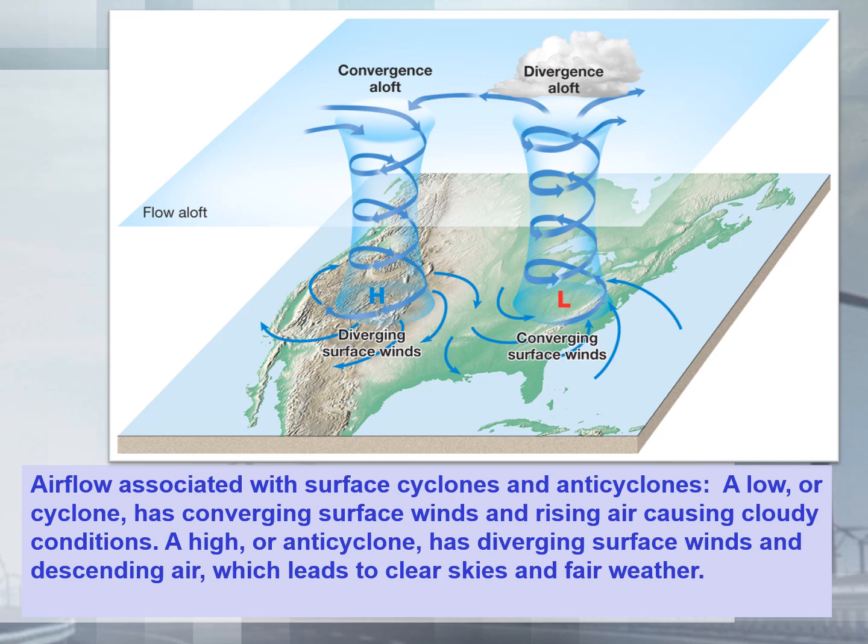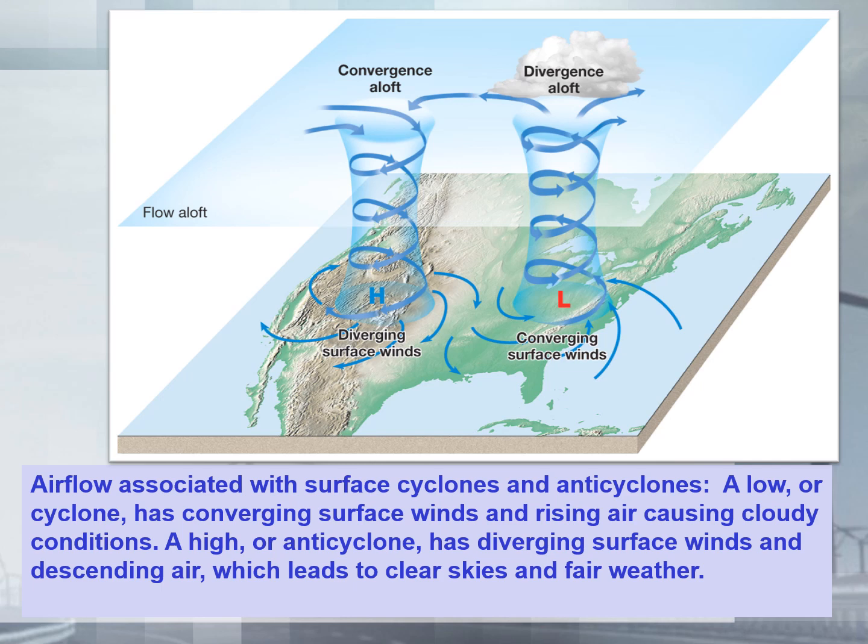Okay, let's start on the west. Your high pressure system, also known as an anticyclone, remember that you have high pressure in the center, so the winds are moving outward from the center. They're diverging, and you see your wind arrows there moving clockwise as we expect. What we haven't talked about yet is that whatever you get at the surface, you'll have the opposite higher up in the troposphere above that cyclone or anticyclone.